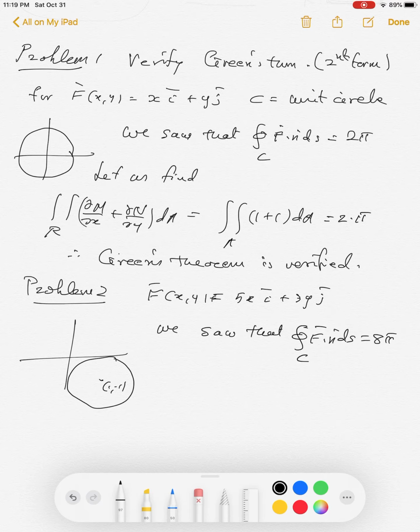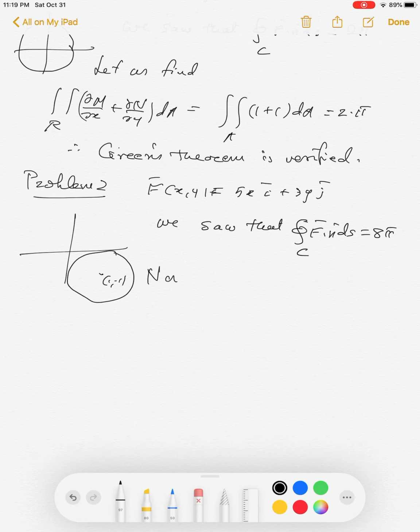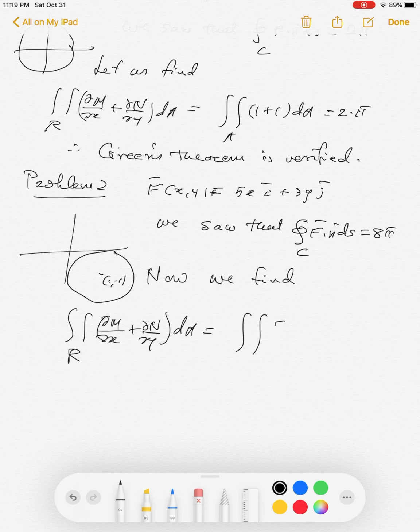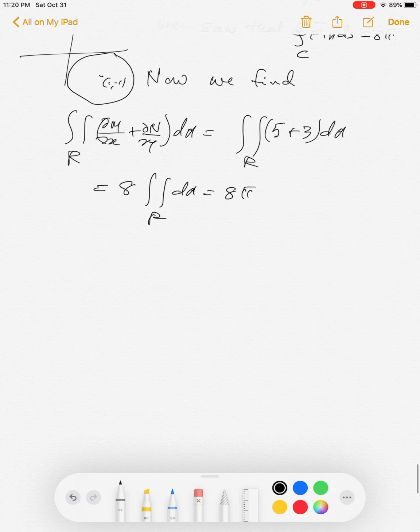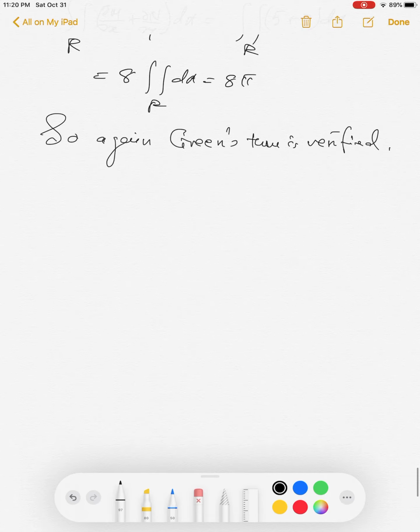We saw that the flux integral of this vector field was 8 pi, and let's calculate now the double integral on this region of dM/dx plus dN/dy dA. dM/dx is 5, dN/dy is 3, and the area of the region is pi, so it is 8 times dA over R, which is 8 pi. So again, Green's theorem is verified.